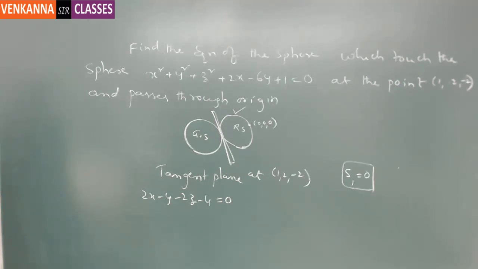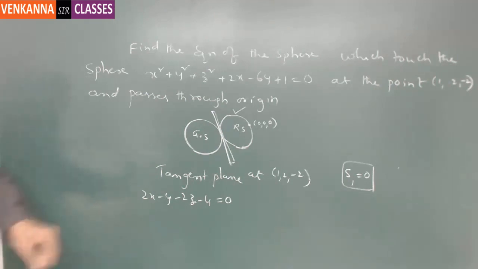As we know, whenever a plane and a sphere intersect, it is nothing but a circle. So here the circle is nothing but a point. So we have to treat the point as the point circle, a circle whose center is there and radius is 0.